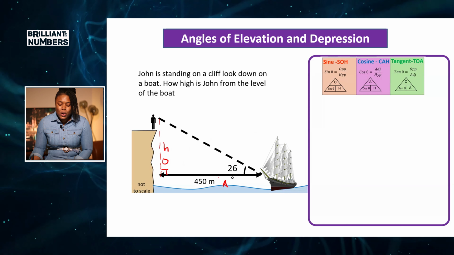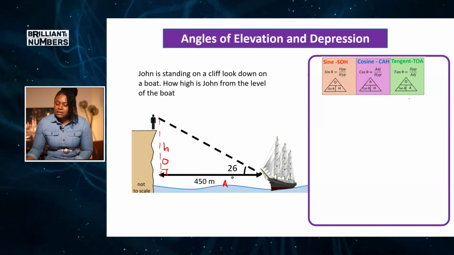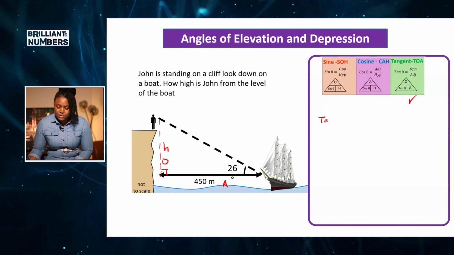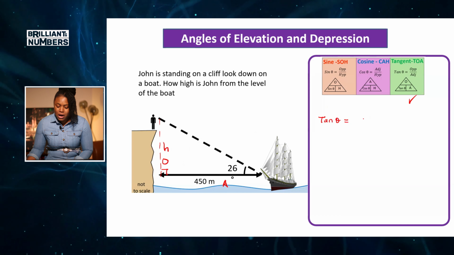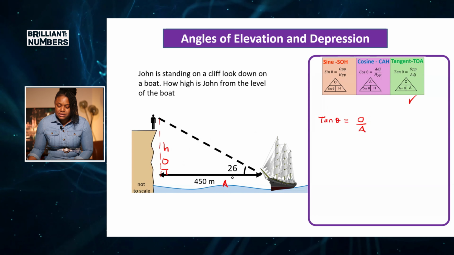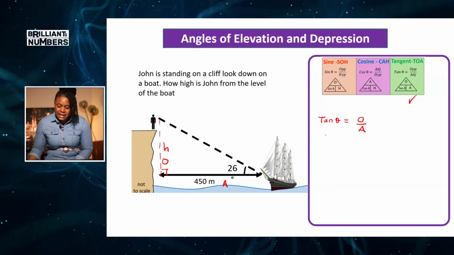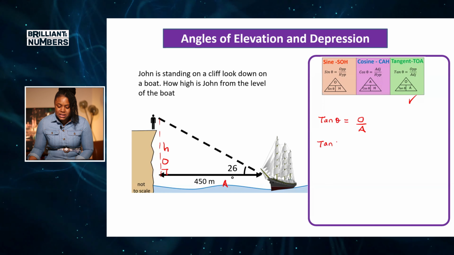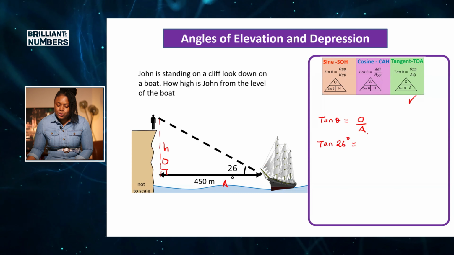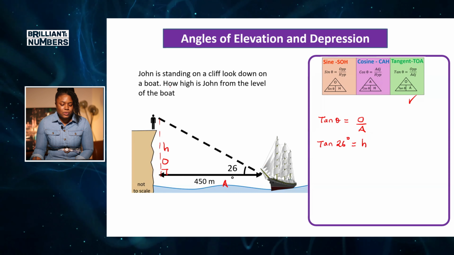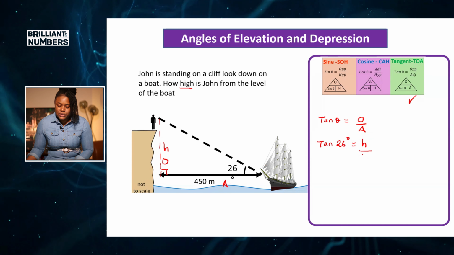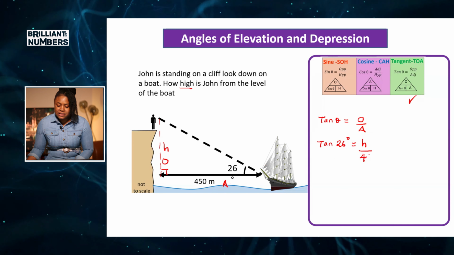So I've got OA, so I'm using clearly the tan ratio. So tan theta, write our formula, is equal to our opposite side divided by the adjacent. Now we're going to substitute and calculate. So tan 26, that's the angle given here, is equal to the opposite, which I've labeled the height, since that's what we were asked, how high, and that's divided by the adjacent, which is 450.